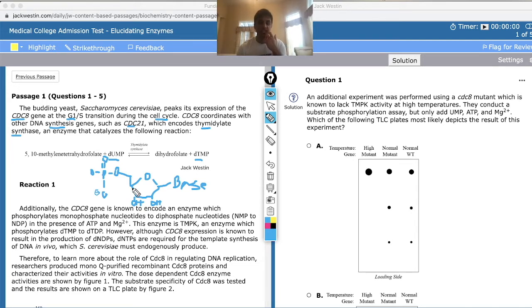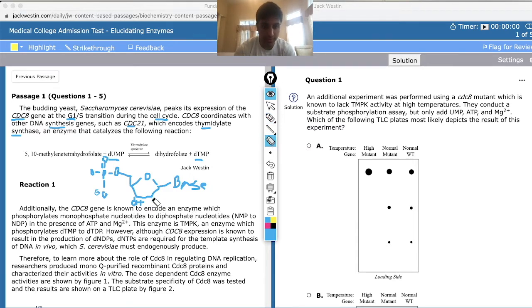So this is a deoxyuridine monophosphate, or basically a deoxynucleotide. This would not be a deoxy. This would be a ribonucleotide phosphate, because it has the OH group here. Remember, DNA is going to... let me erase here.